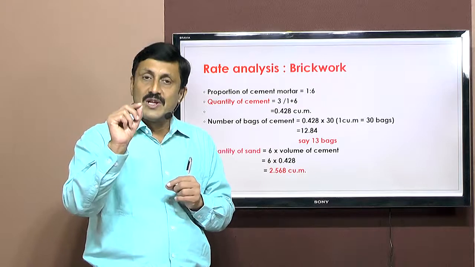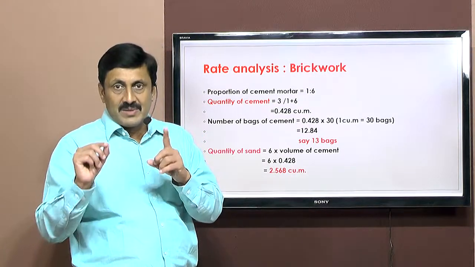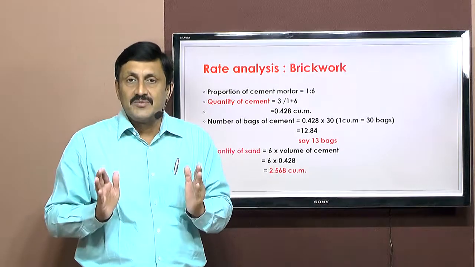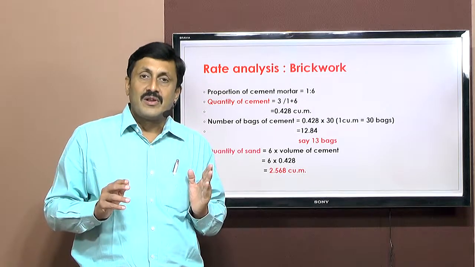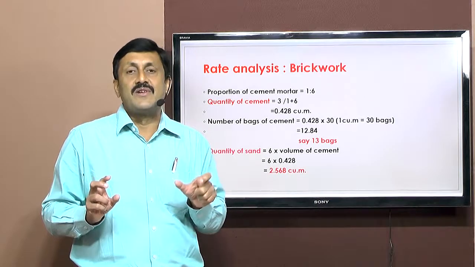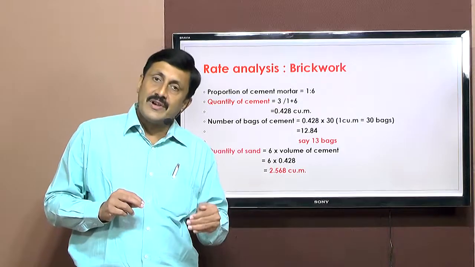If proportion is 1:4, you have to divide it by 1 plus 4. So please remember, if the proportion is changed in the given problem, you should not get confused. You have to divide the quantity of dry cement mortar by the addition of this proportion ratio which is given to you. So here in this case it is given 1:6, therefore it is 1 plus 6.